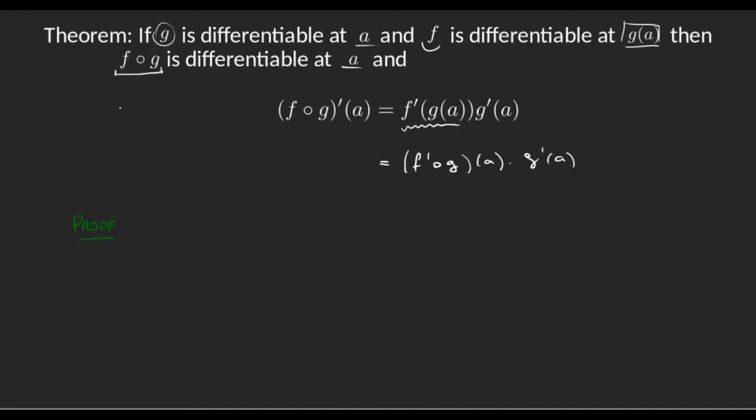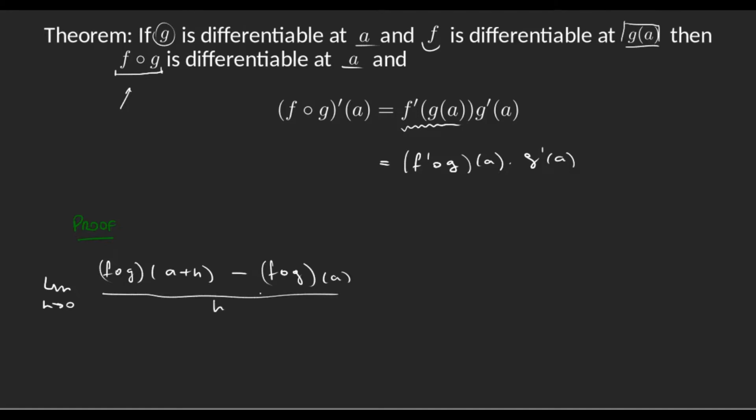As always, when we want to calculate a derivative, we're going to be using the definition. So we're going to have to calculate the limit when h tends to 0 of f composed with g evaluated in a plus h minus f composed with g evaluated in a, and all these divided by h.